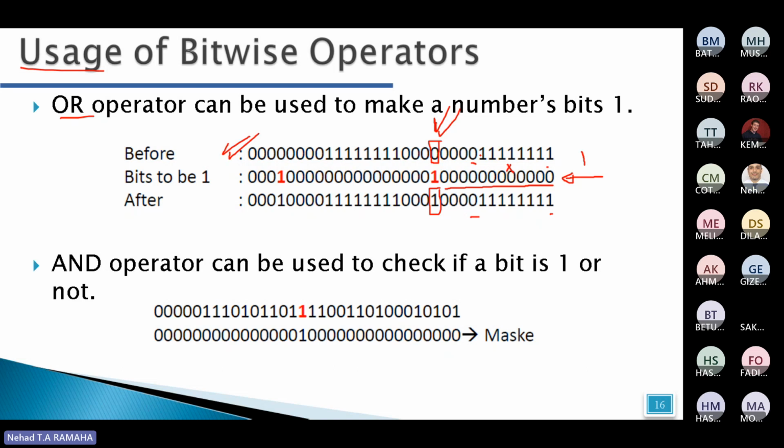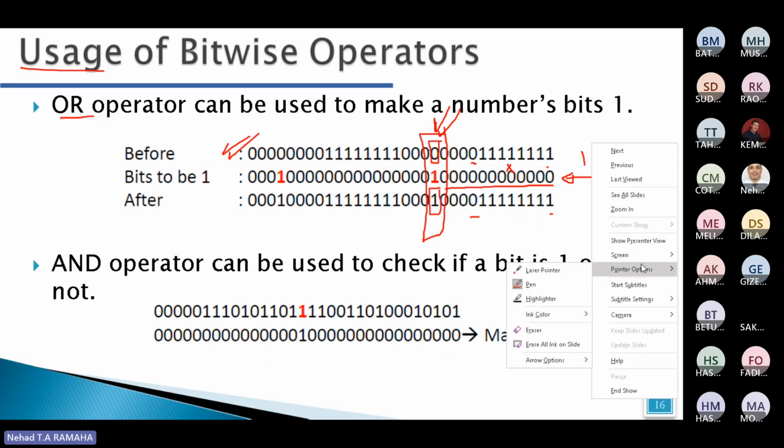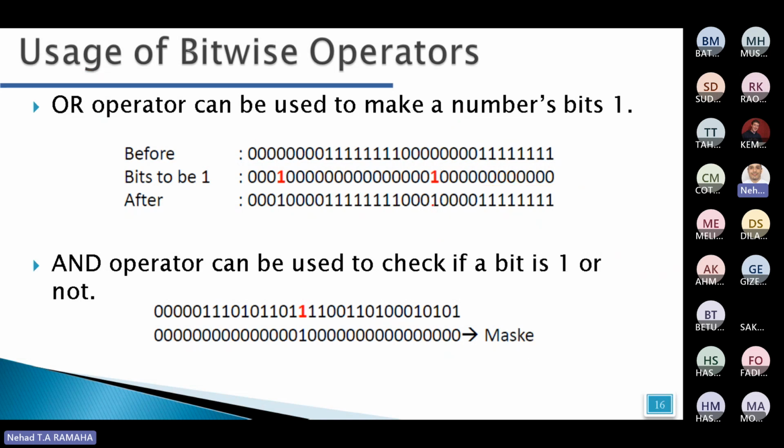This means you are sure now, after you make this operation, that this bit is 1. So to set a specific digit to 1, just make OR with 1 in this position of the digit. Here, same idea.